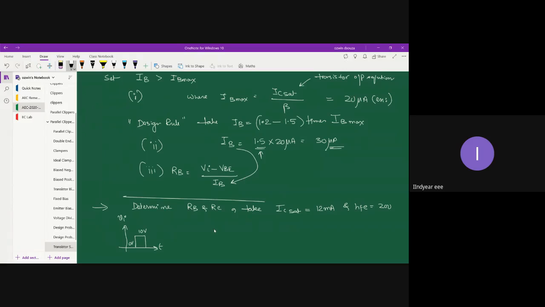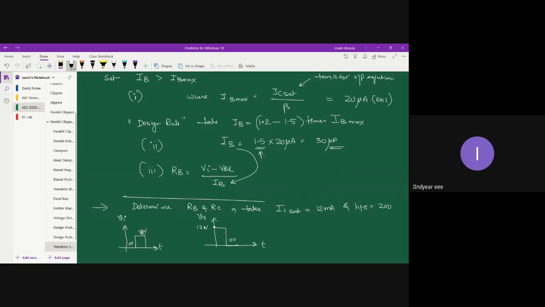The output signal is given something like this. This is your output wave. Sorry, this is 12 volts. So the output is given something like this: this is 12 volt and this is 0 volt.